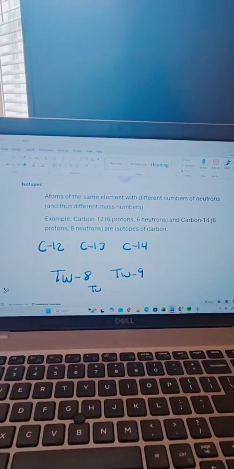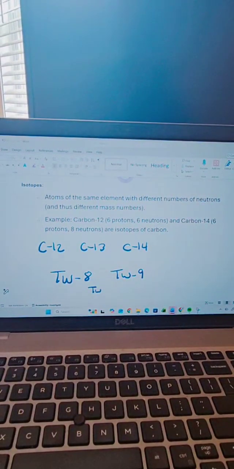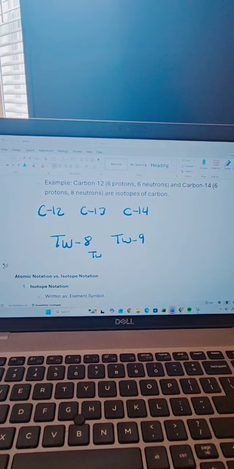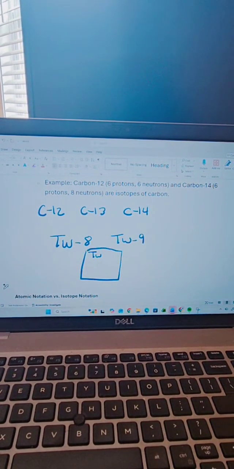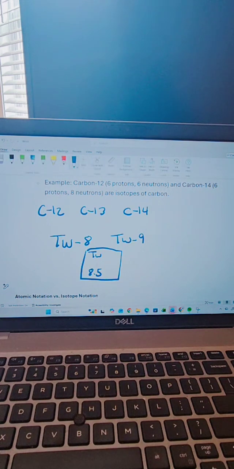So this would be the number you would see on your periodic table. This was a hypothetical element called twin. You know how y'all be saying that twin energy. So if you were to see this on the periodic table, you would see 8.5. That's the average weight between those two.